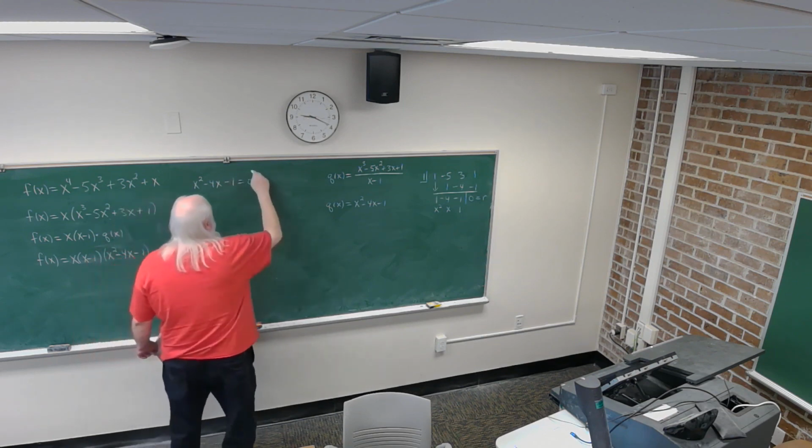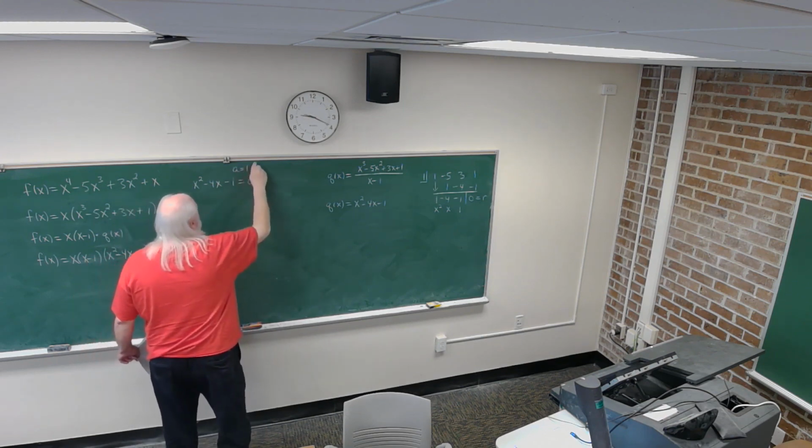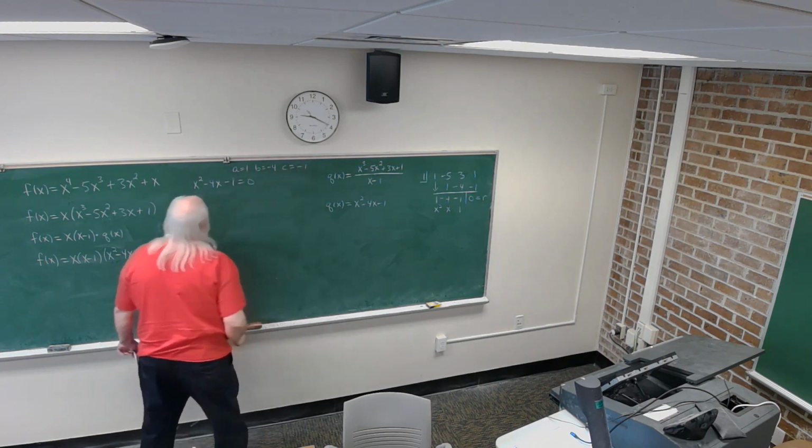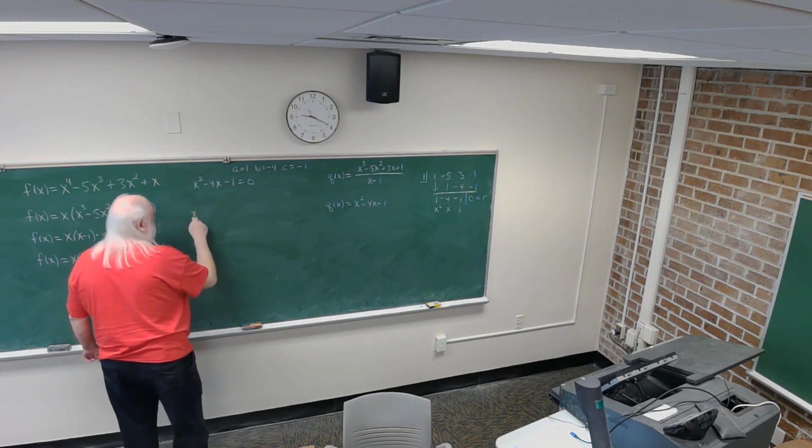So in this example, a is equal to 1, b is equal to minus 4, c is equal to negative 1.